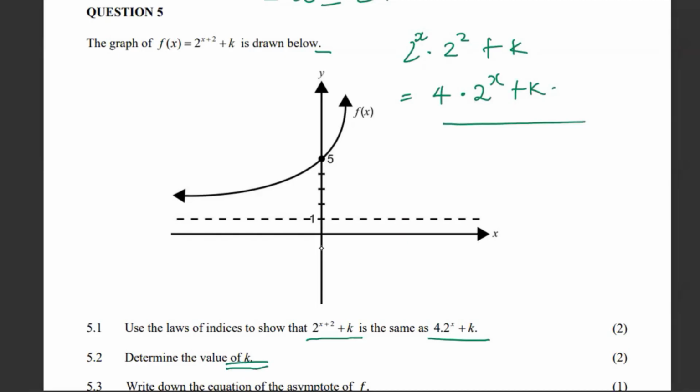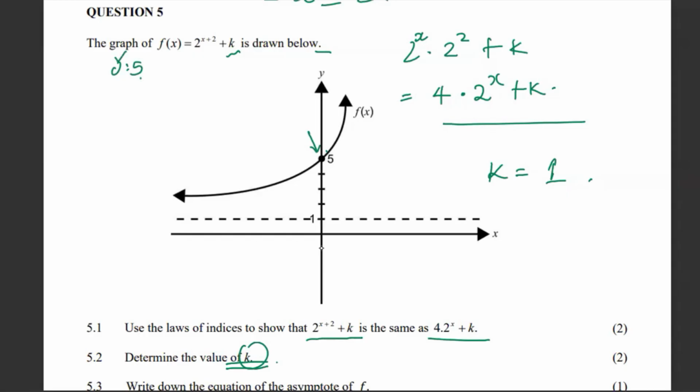Then determine the value of k. So value of k, we know that k is the asymptote now, which is a 1. So we don't even need to work it out. If you feel you're indebted to do that, go ahead and use this point of 0 and 5. Okay, where there is x, put a 0. Where there is y, we put a 5.